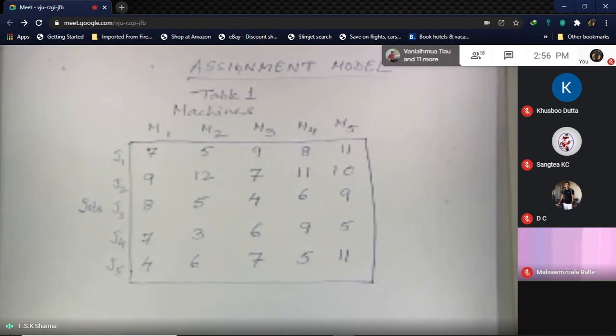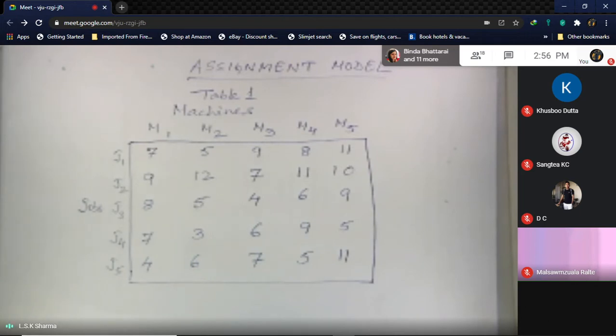So how do I solve this problem? In order to solve this problem, what I will require is the one that I have shared. It is called the Hungarian method. So let us go into the first step.